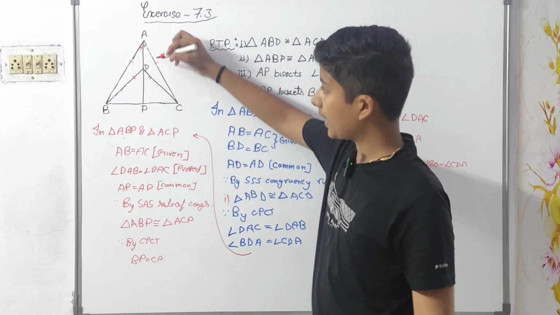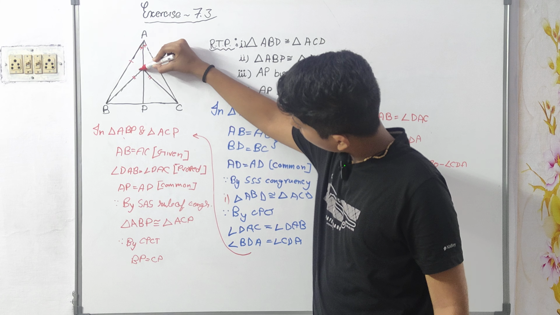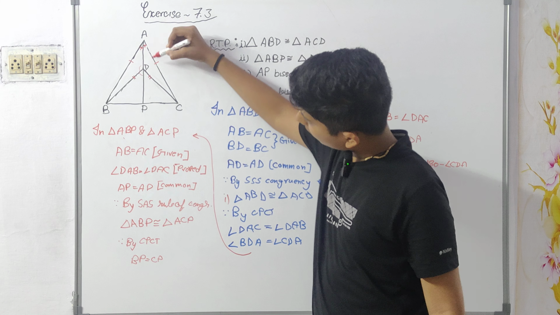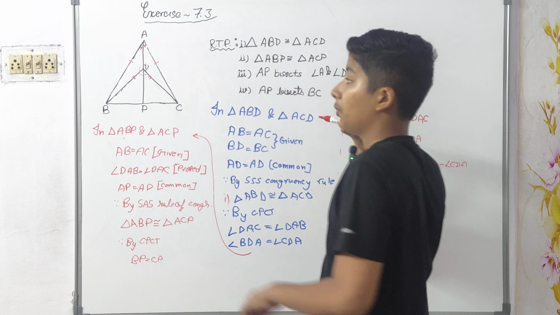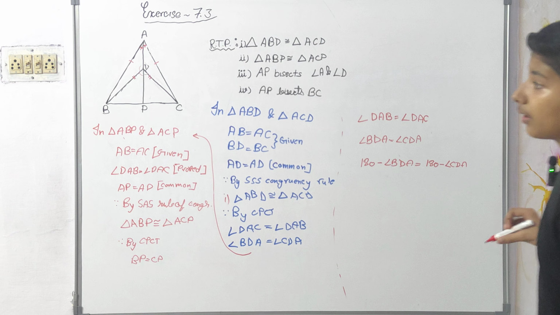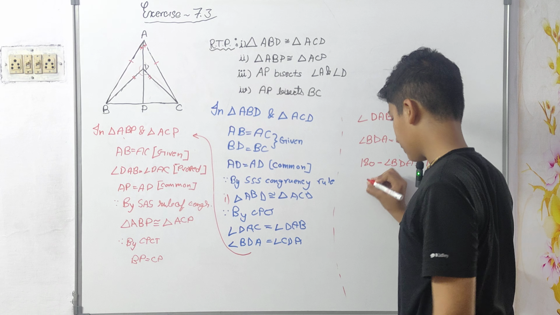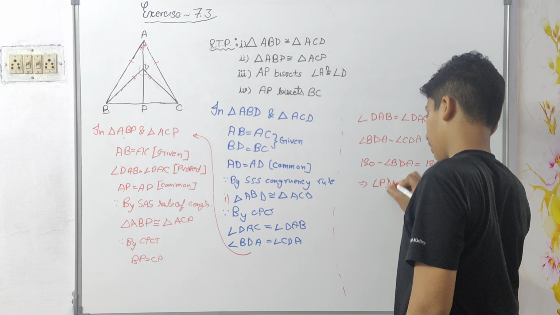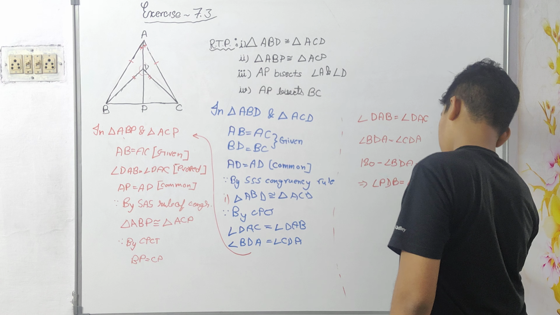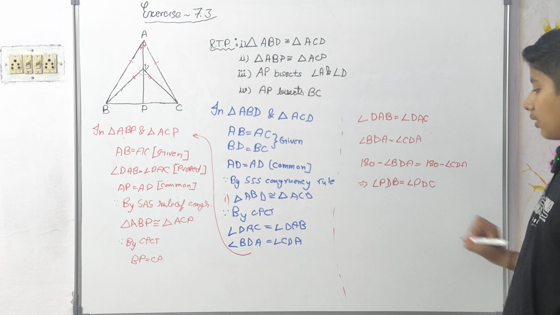Now let's continue in this one. 180 minus BDA, what it will be? 180 minus this angle, it will be this angle, and 180 minus this angle, it will be this angle. Means it is PDB and PDC. Angle PDB equals to angle PDC. Okay.